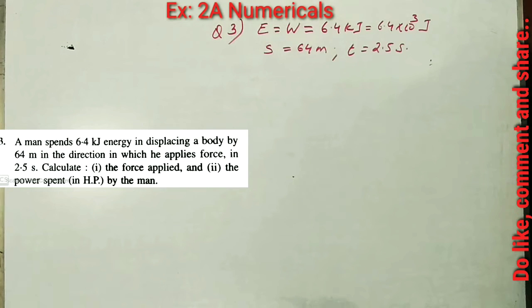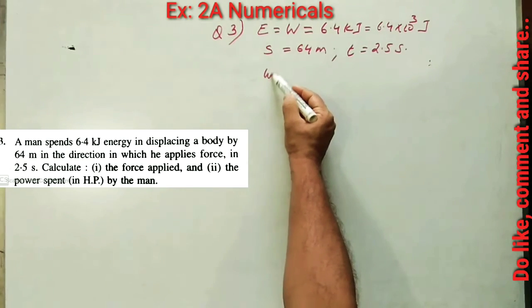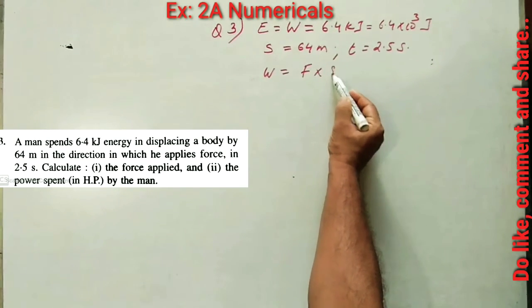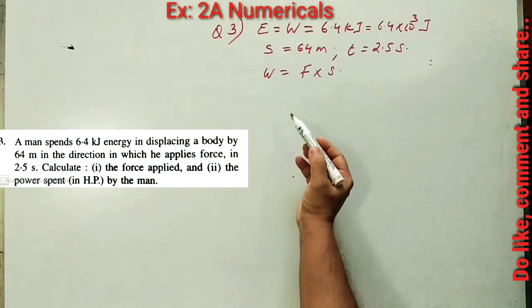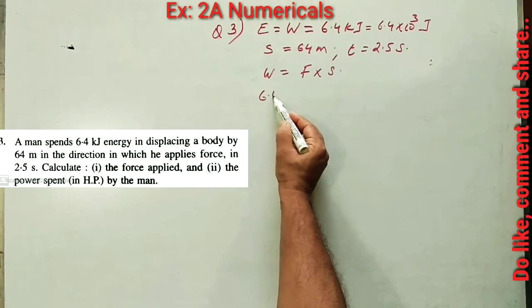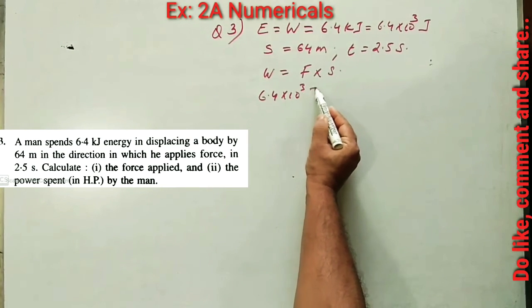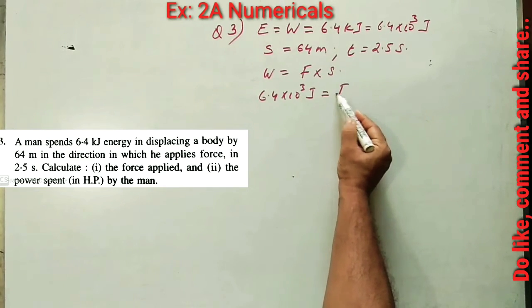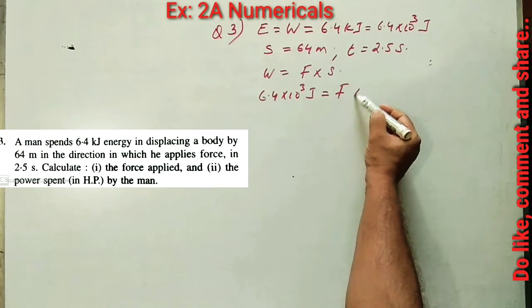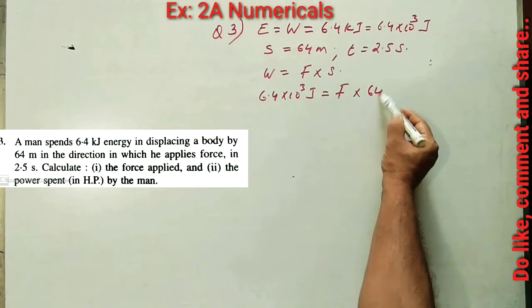So what do you have to find out there? The force applied. So we know the formula. Work done is equal to force into displacement. Correct? So work done, 6.4 into 10 to the power 3 joule, is equal to force. We don't know. Let it be F, into displacement 64.